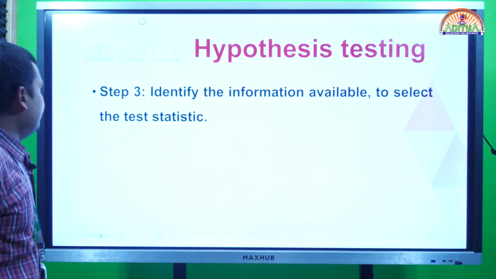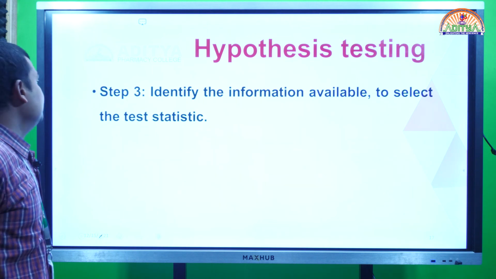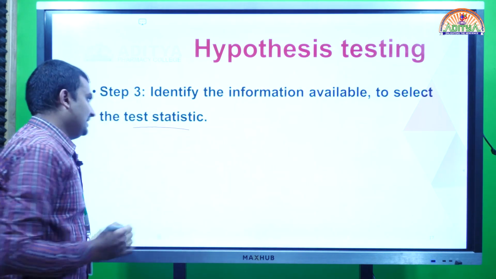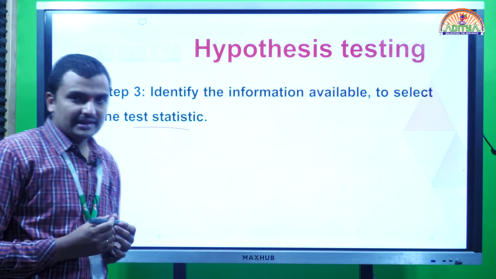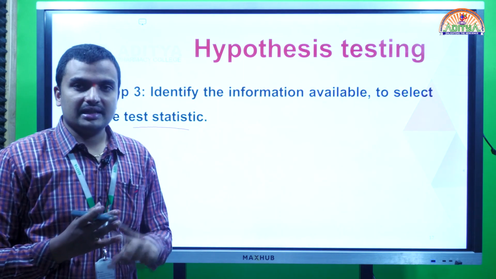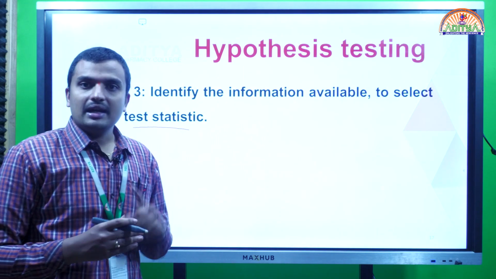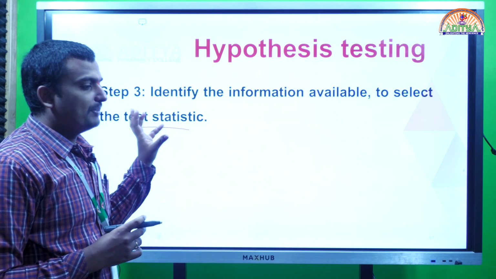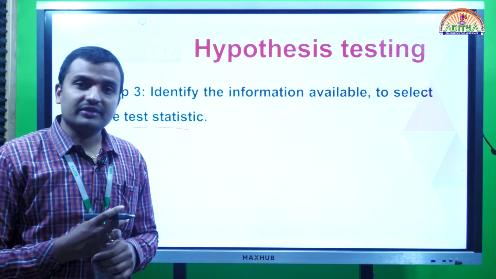Coming to step 3, identify the information available to select the test statistic. Up to now we have discussed what the ordinal scale, nominal scale, ratio scale, and interval scale are, and we have also discussed that the parameter is the term which represents the characteristics of a population.